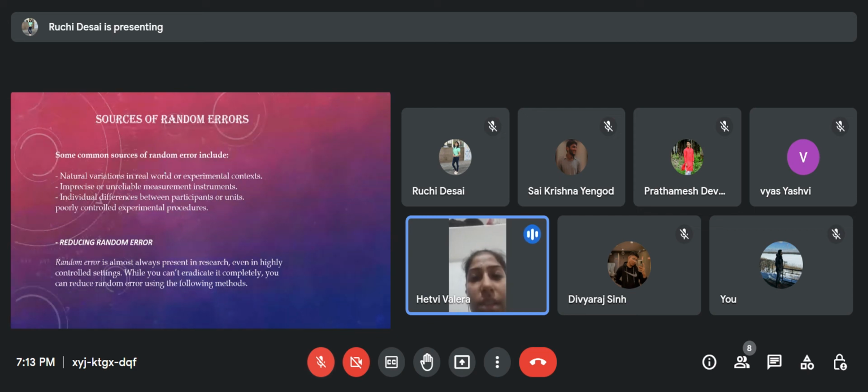Random error is almost always present in research, even in highly controlled settings. While you can't eradicate it completely, you can reduce random error by using the following methods.